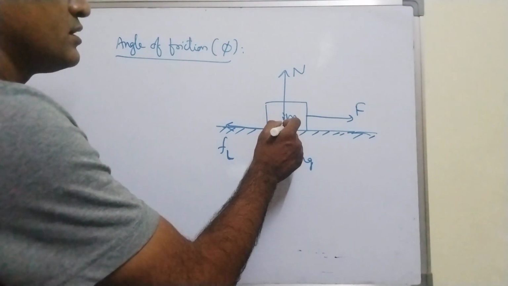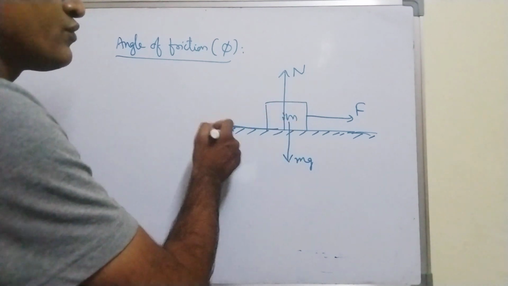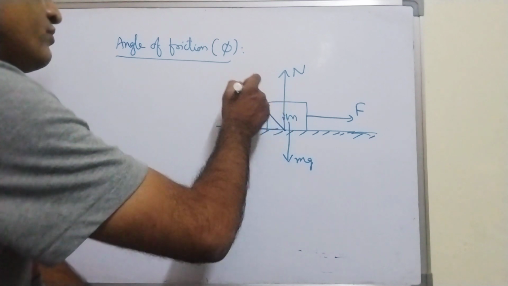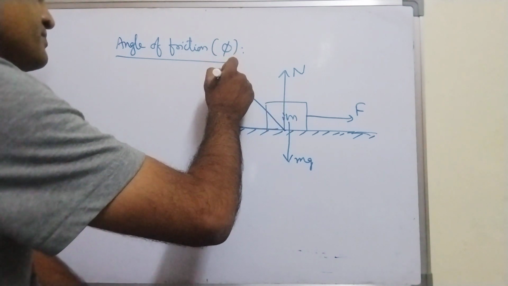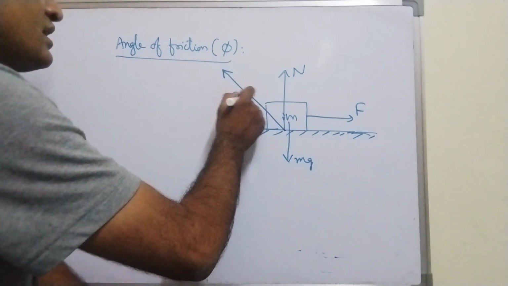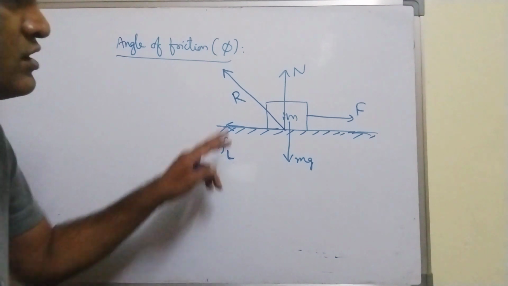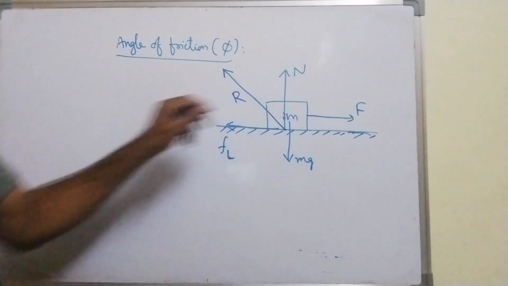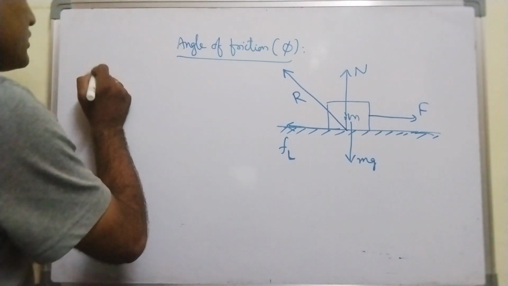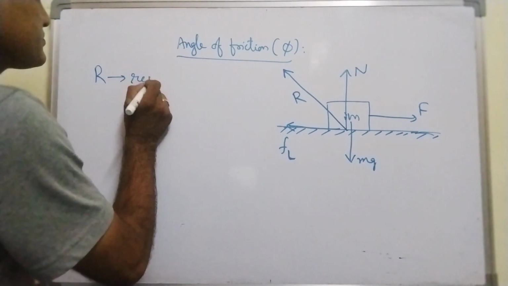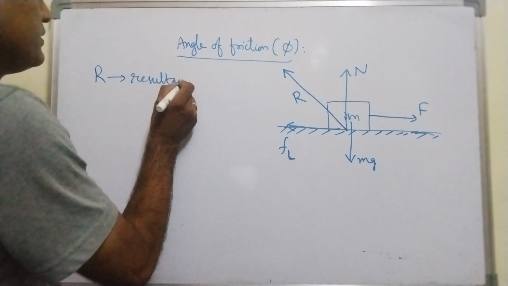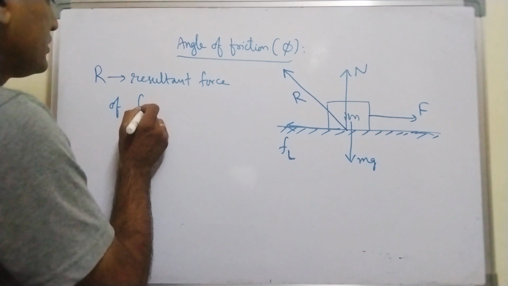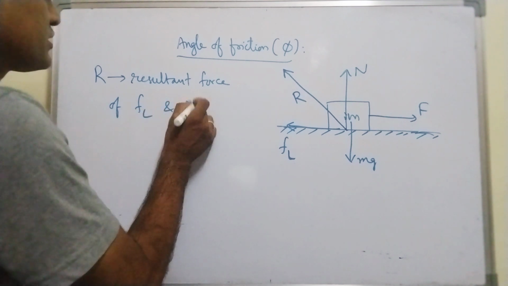Now the resultant of these two forces, limiting frictional force and normal force, will be like this. I will denote this with R. R is called the resultant of limiting frictional force and normal force.